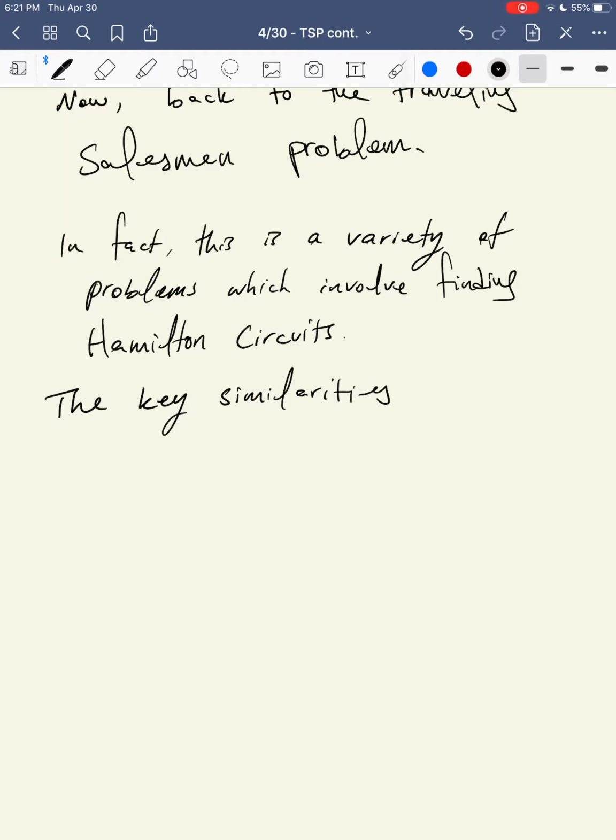We have a traveler. So this is the person that you can kind of imagine walking along our graph from vertex to vertex along the edges.